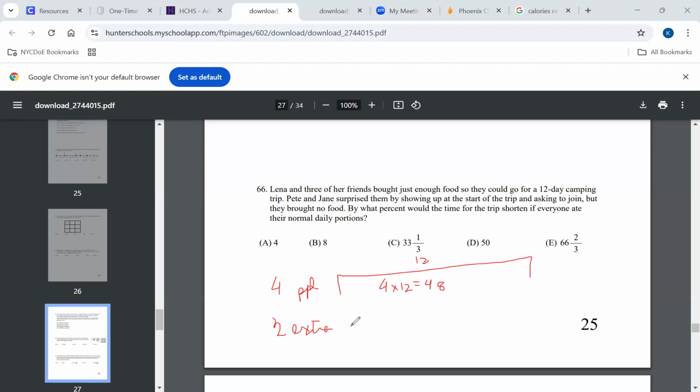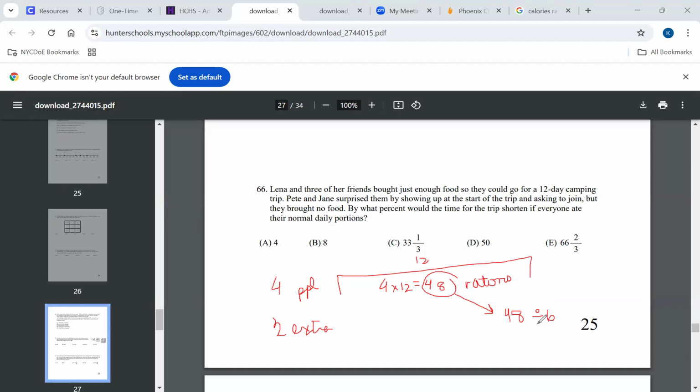But with the 2 extra people, now there's 6, so they only have 48 daily rations, but now that's going between 6 people instead of 4. So we're going to take those 48 rations, and we're going to divide it by 6.